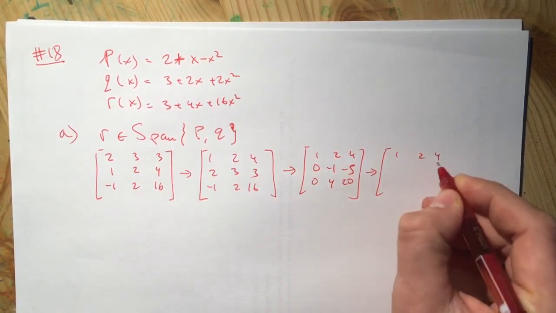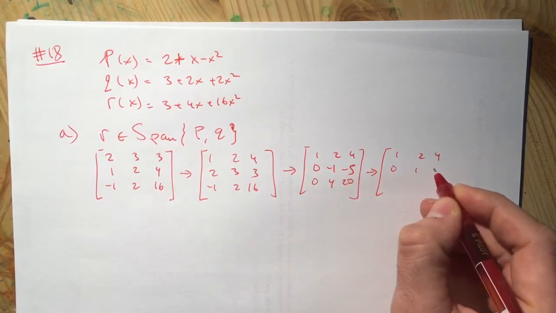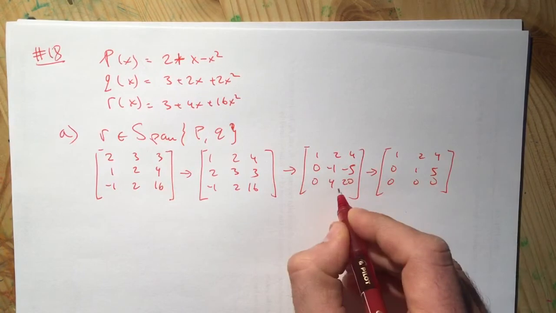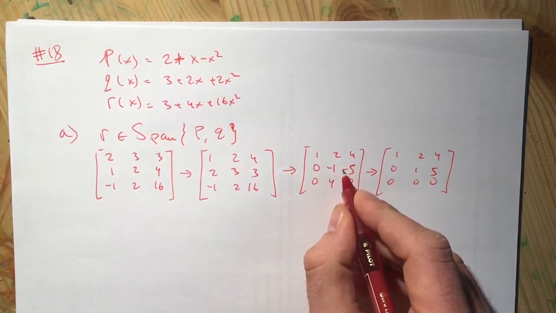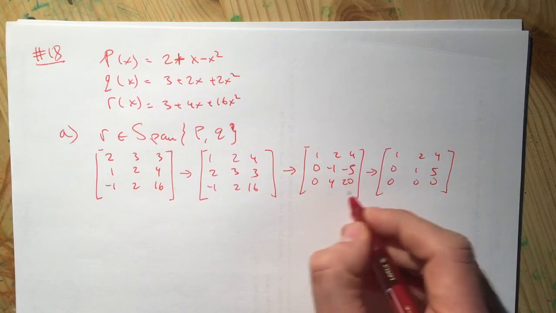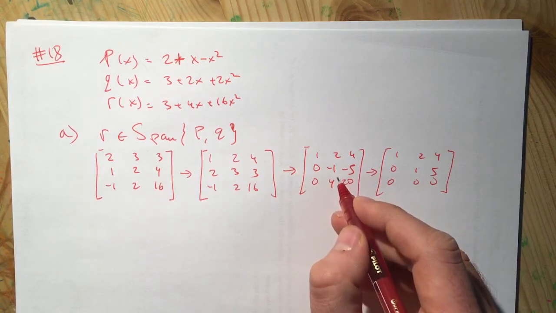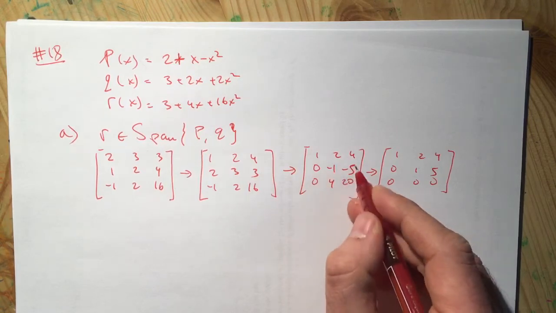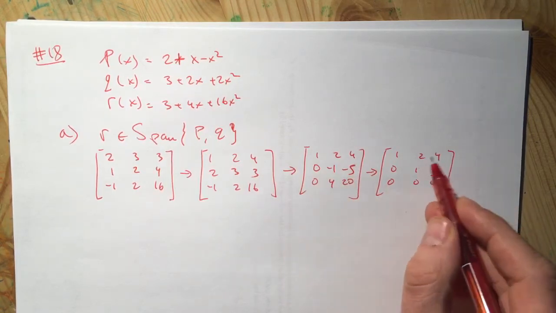So 1, 2, 4, 0, 1, 5, and then I have 0, 0, 0. Why? Because the last row is a constant multiple of the second row, so they cancel out. Row 3 plus 4 times row 2, 4 minus 4 is 0, and 20 minus 20 is 0. So there you go. I have a free variable.